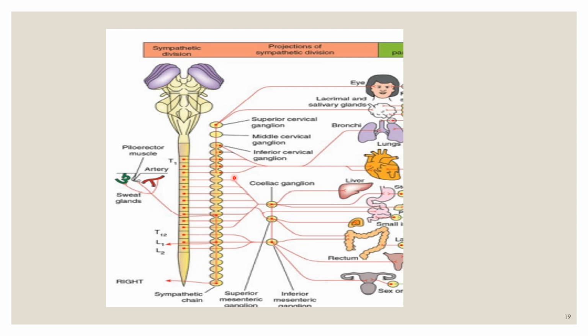So on either side of the vertebral column throughout its length we have the sympathetic trunk and sympathetic ganglia. The paravertebral ganglia of the sympathetic trunk are further divided into cervical ganglia, thoracic ganglia and lumbar ganglia.